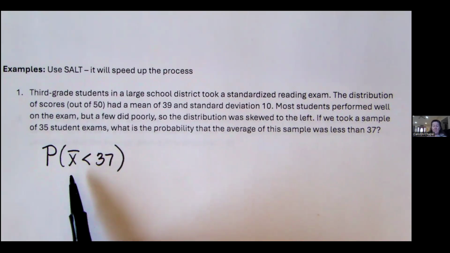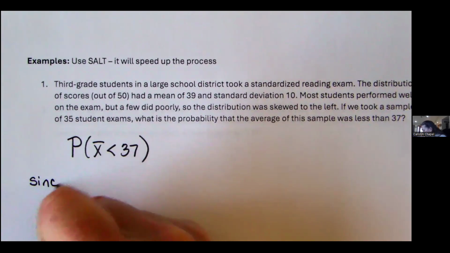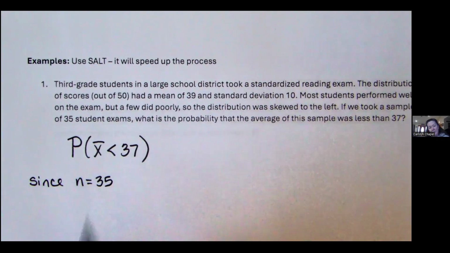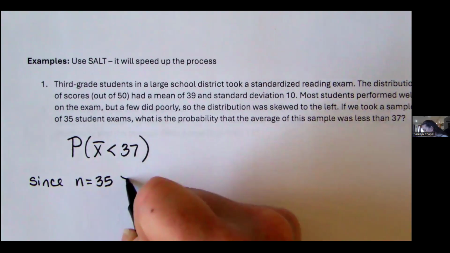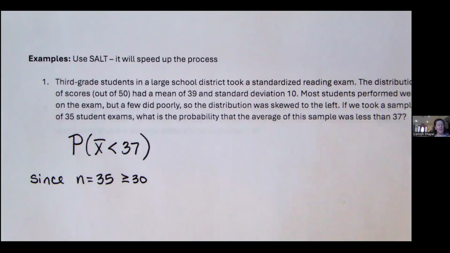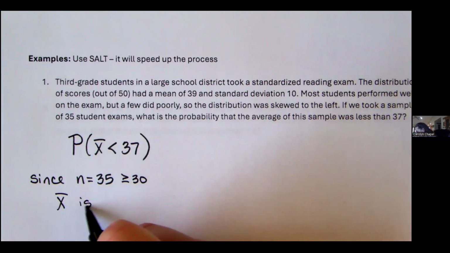But again, we first need to make sure we can use a normal curve. And we can, since our sample size is 35, that's bigger than that nice cutoff of 30, we don't need normality of the original data. And good thing because we didn't have it. But now this tells us that X bar is normally distributed.